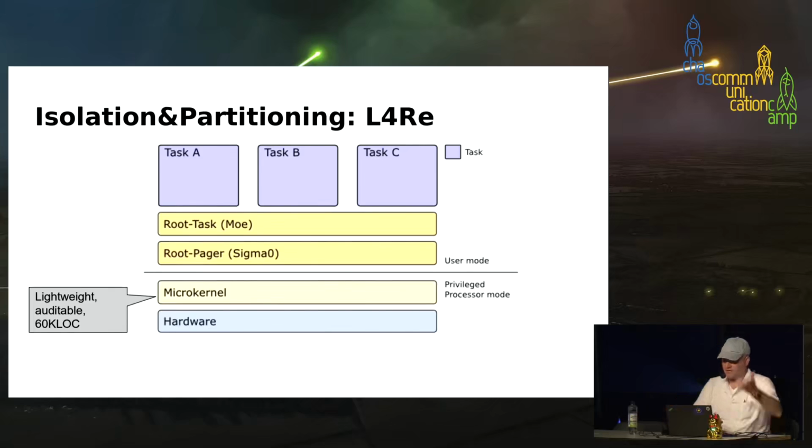If you dynamically start a Linux kernel, this Linux kernel might receive certain capabilities to access memory, certain USB devices, and so on. So L4 would be the right choice if you want to restrict access to certain devices.